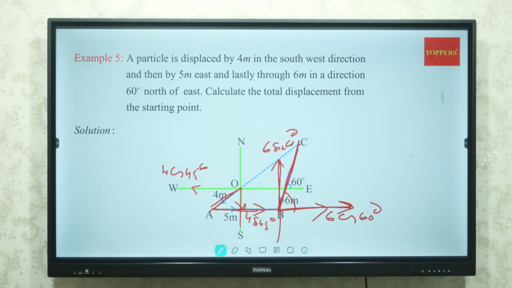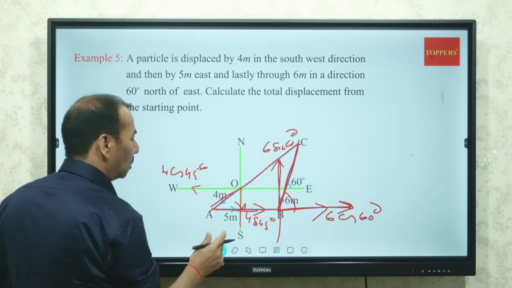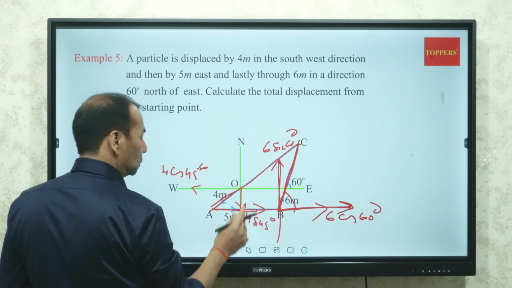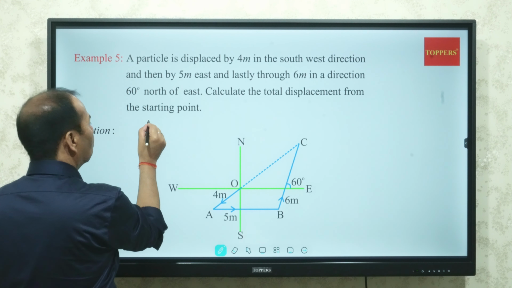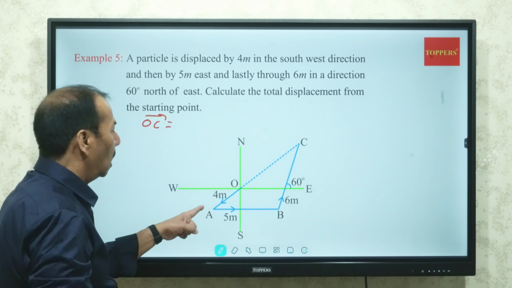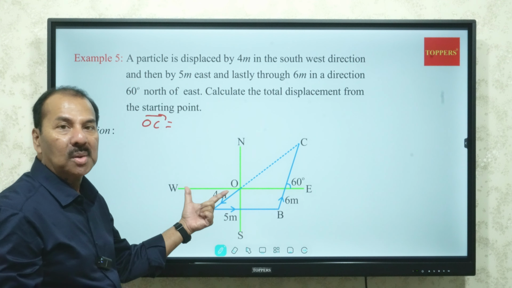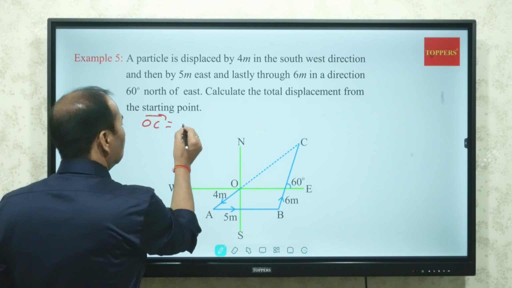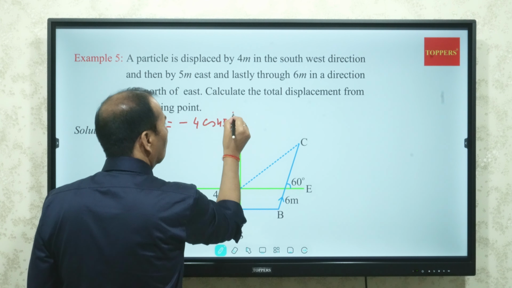Now it means my displacement will be what? OC, and our OC is equal to how much? Your vector OC is equal to OA, and OA is 4 cos 45 towards the negative x-axis. So should I take minus of 4 cos 45 i?